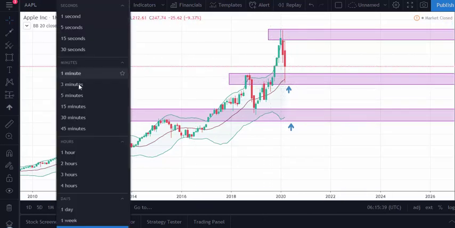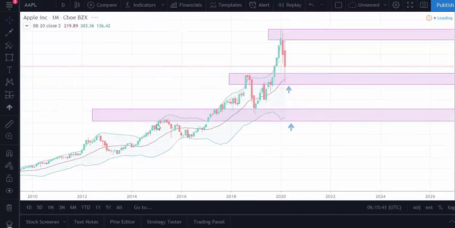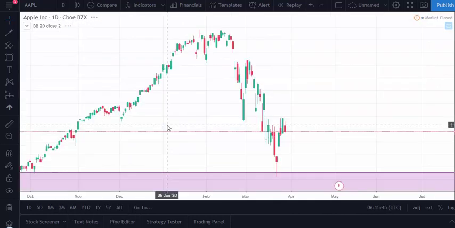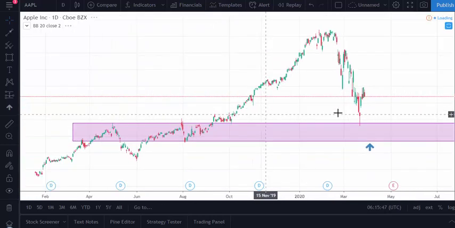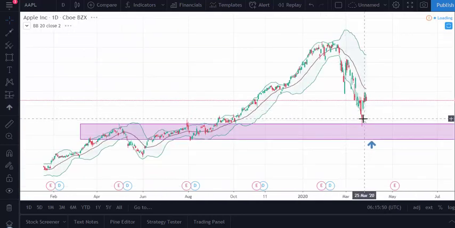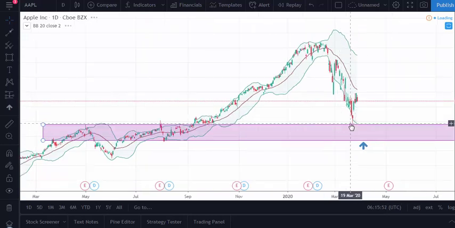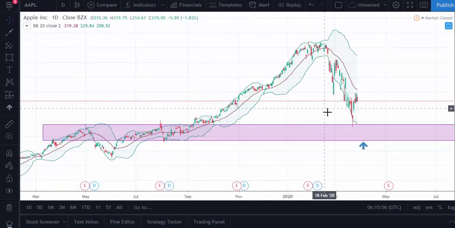Let's move to the daily chart. What's happening in the daily chart? In the daily time frame, like I said, I just missed this one, but I decided to trade this one in the daily time frame instead of the monthly time frame.